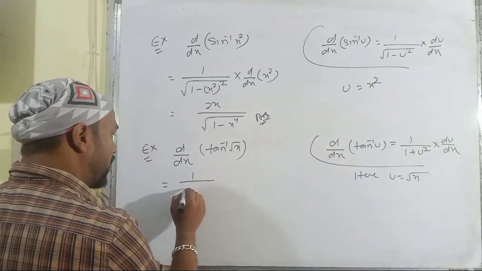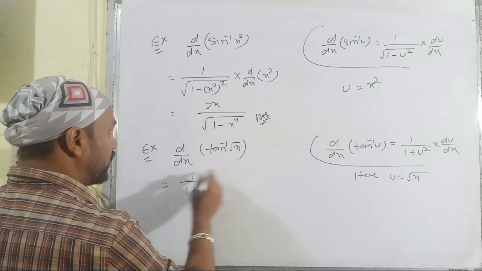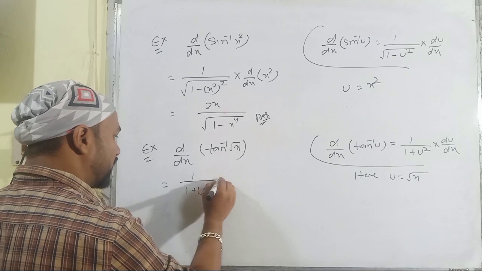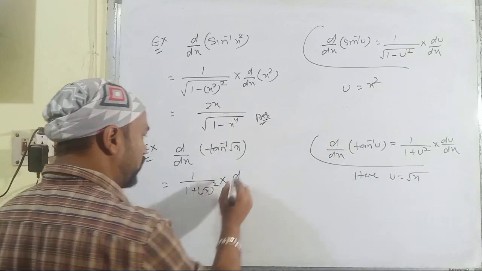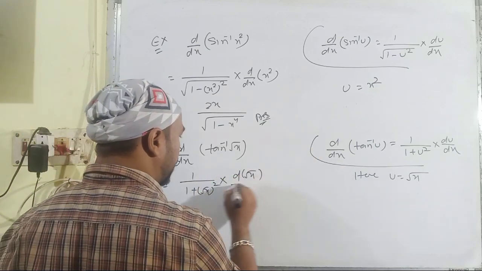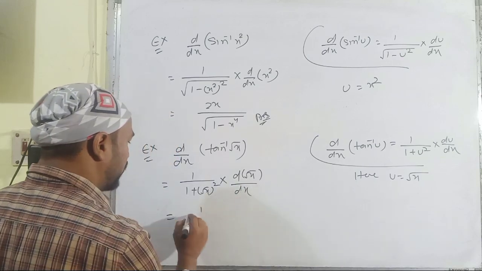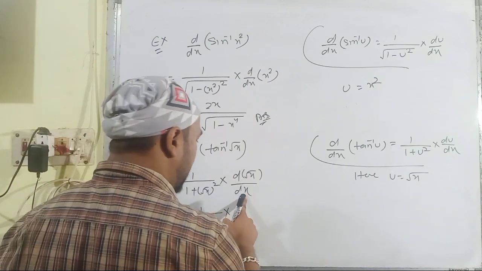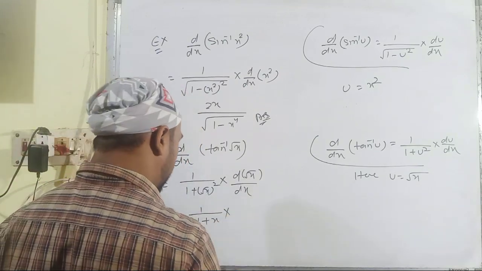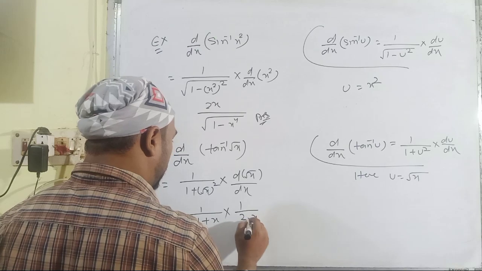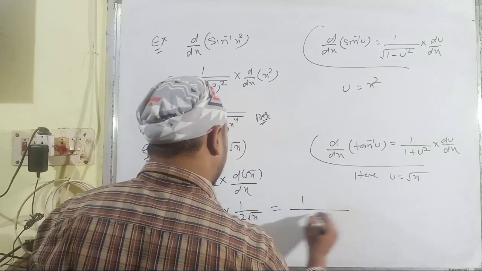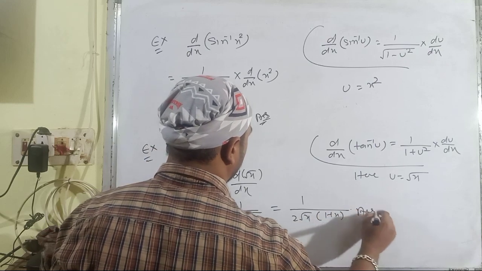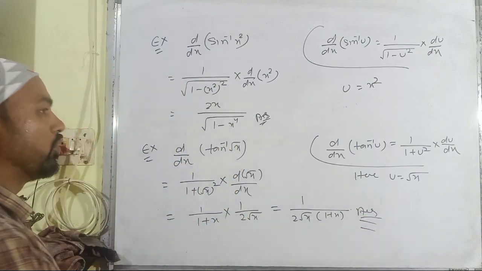So it is 1 upon 1 plus the whole square of root x, multiplied with the differentiation of root x with respect to x. So it is 1 upon 1 plus x multiplied with the differentiation of root x, which is 1 upon 2 root x. So the result will be 1 upon 2 root x multiplied with 1 plus x, and this will be the solution for the given problem.